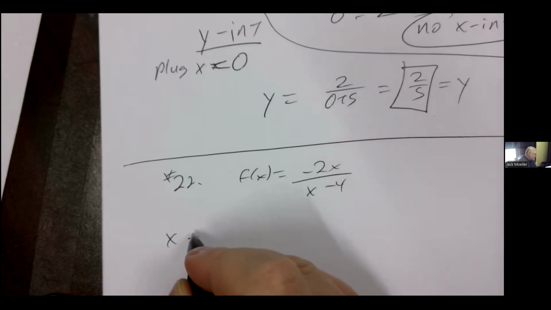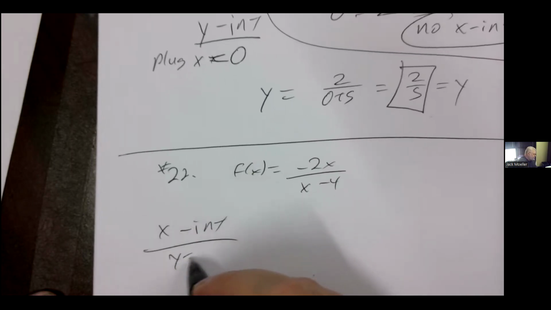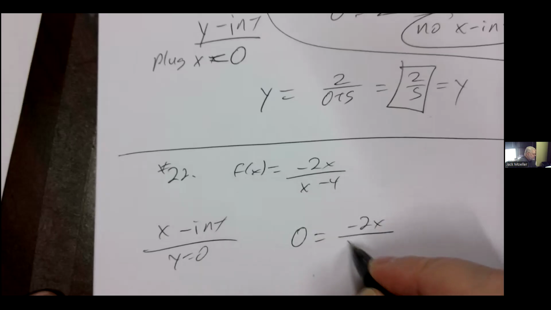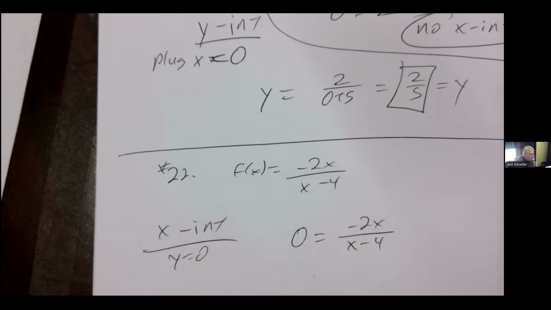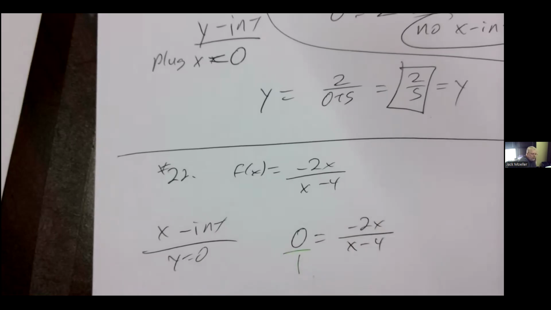So the x-intercept is plug in y equals 0 for f of x. We get 0 equals negative 2x over x minus 4, which you can either multiply everything by the LCD, which is x minus 4, or the equivalent is make that a fraction over 1 and do your cross product. So the cross product is 0 times x minus 4 equals 1 times negative 2x.